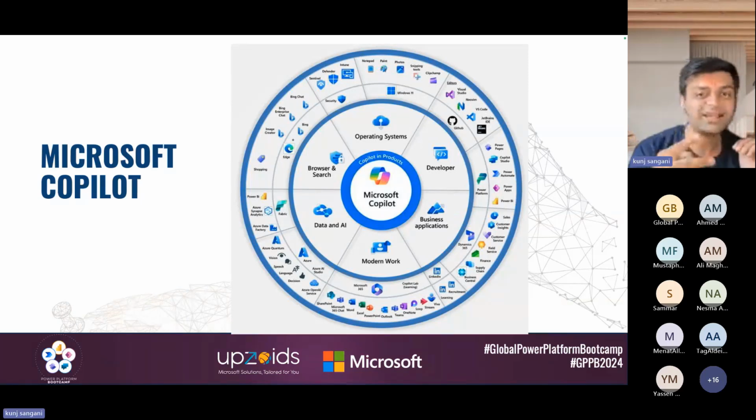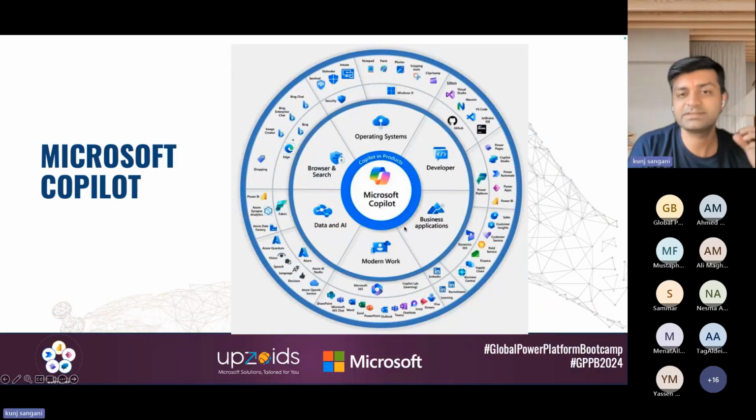The second category is the first party Copilot. And what is first party Copilot? First party Copilots are Copilots built by Microsoft itself. The Copilot which we see in Dynamics 365 is an example of a first party Copilot. The Copilot which we see in Power Platform is also a first party Copilot.